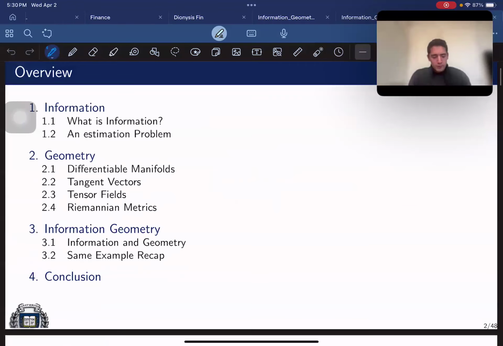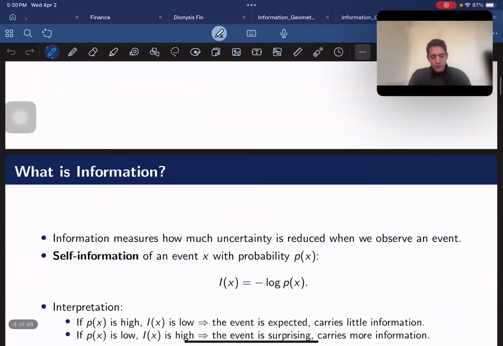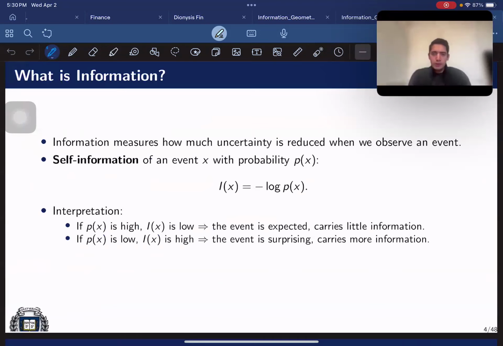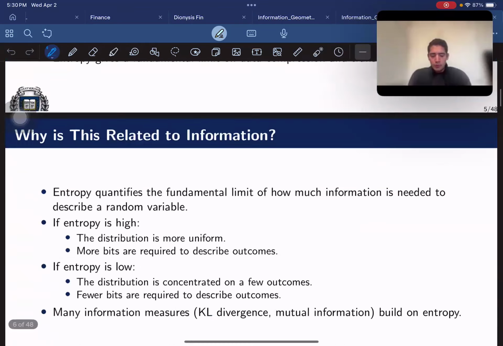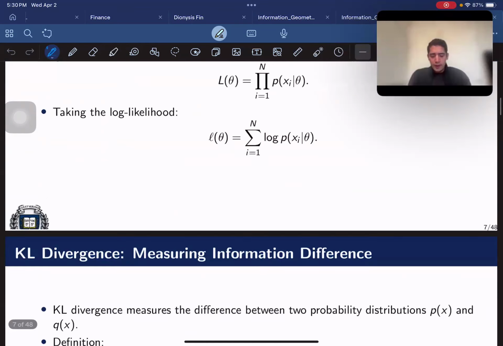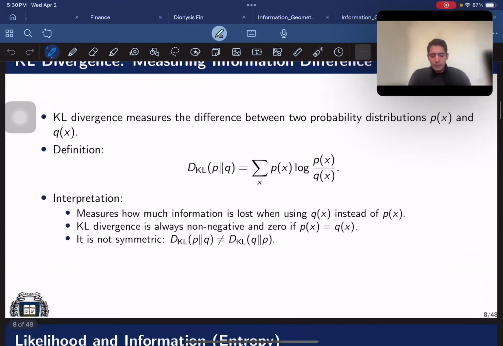So in the first session, we discussed what is information we're dealing with. More importantly, we discussed how considering KL divergence and its second derivative estimation would give rise to our inner product on each point, which later would help us define Riemannian geometry.